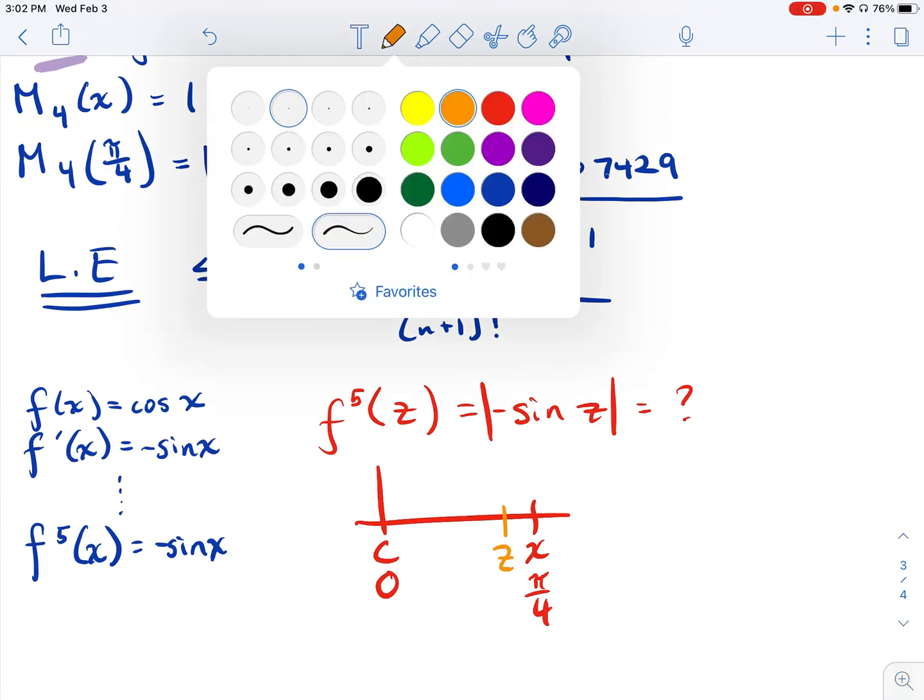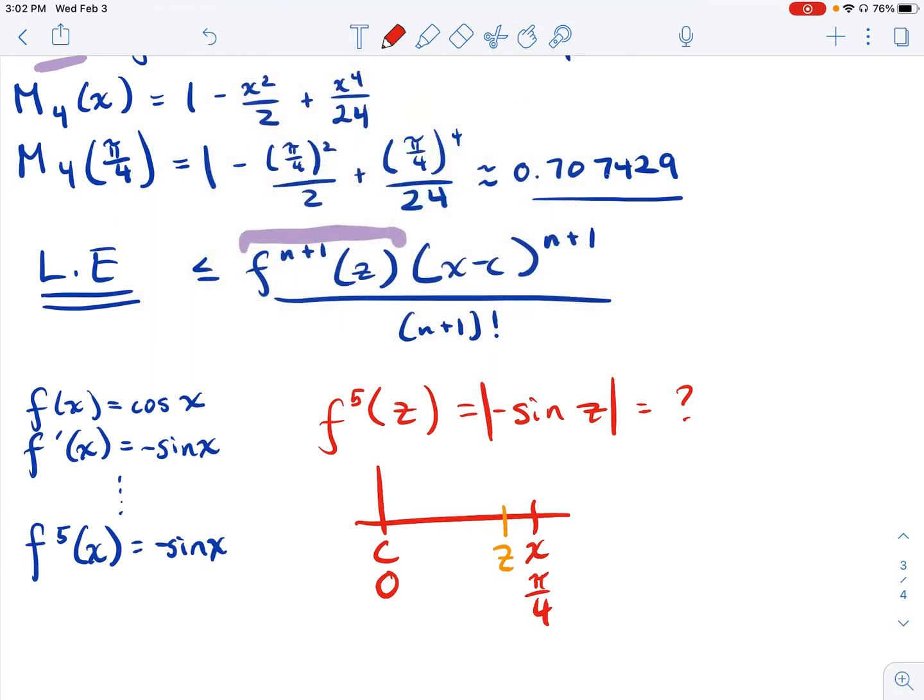Now, again, this is where we kind of have to pretend like we don't know, because clearly you're looking at this and saying, well, I could use pi over 4, but if you knew what the sine of pi over 4 was, then you probably know what the cosine of pi over 4 is. And if you know that, then why are we even doing this problem to begin with? So we're not concerned too much with struggling to figure out where that z value is between 0 and x.